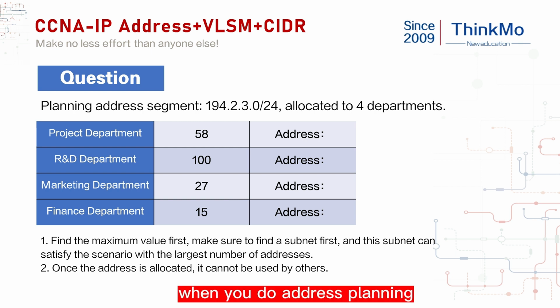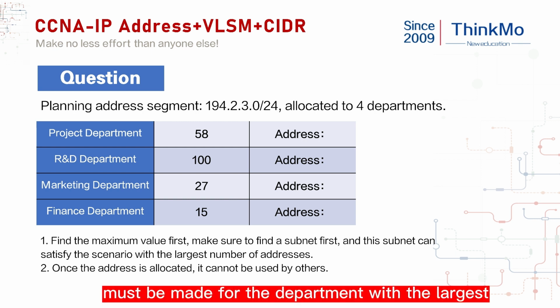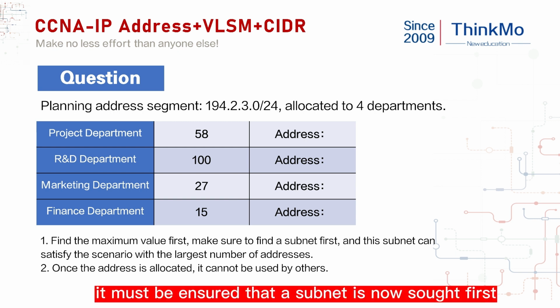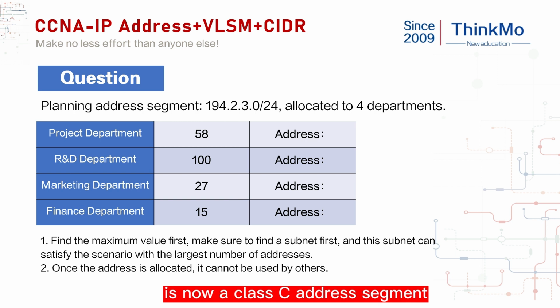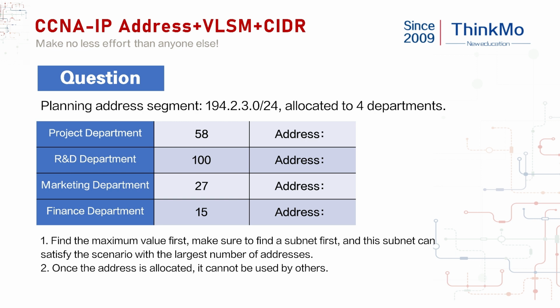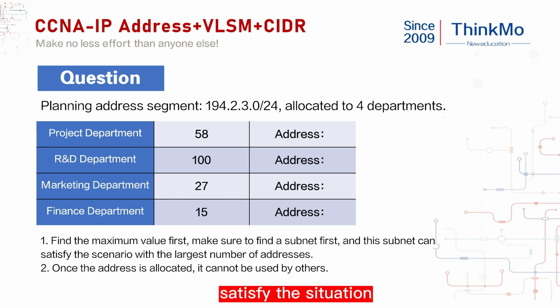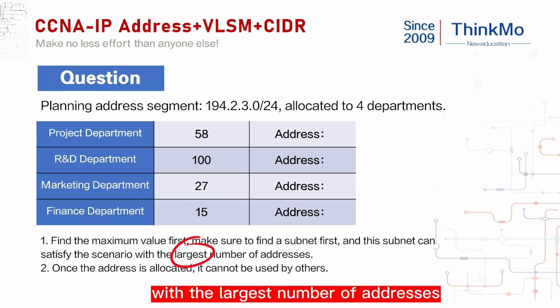When you do address planning, planning must be made for the department with the largest number of people. That is, find a maximum value. It must be ensured that a subnet is sought first from this Class C address segment, and this subnet must satisfy the situation with the largest number of addresses.